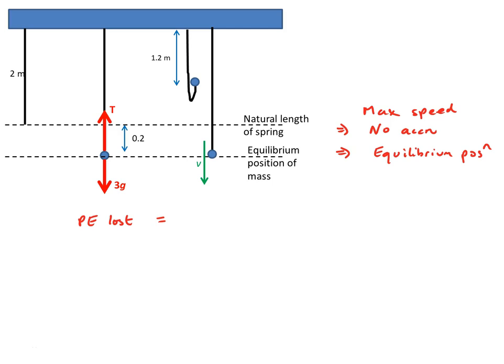That potential energy that we've lost is going to be converted into kinetic energy of the particle together with some elastic potential energy stored in the spring.